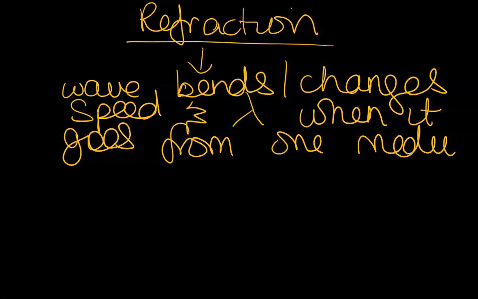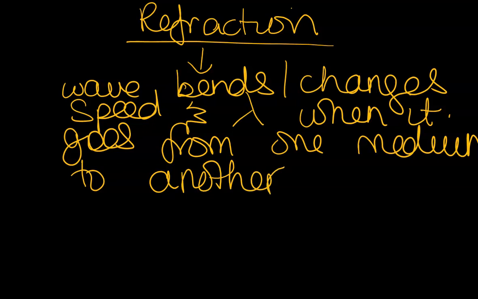And this is because the density of the medium changes. So its speed, its wavelength, even the angle at which the wave is directed to the medium changes. And this is what we term Snell's law.